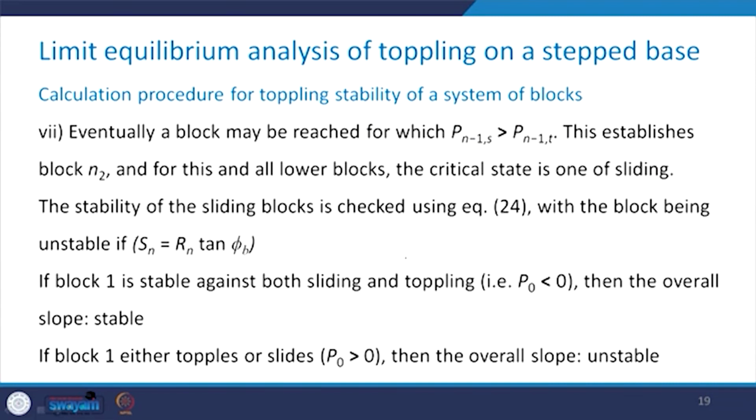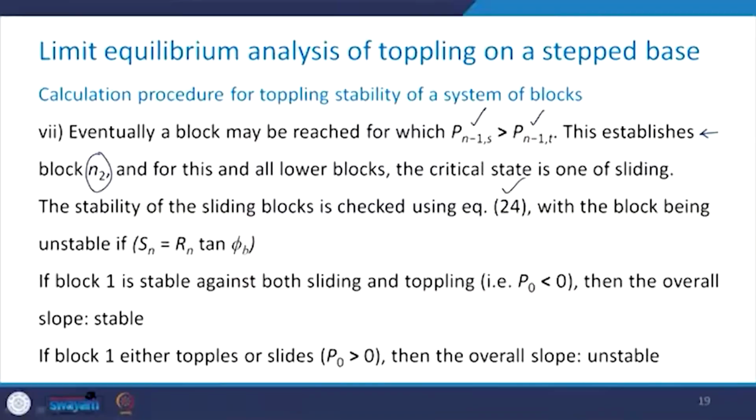Now, eventually a block may be reached for which P n minus 1 sliding is more than P n minus 1 toppling. So, this will establish the block N2, and for this and all the lower blocks, the critical state is going to be that of sliding and not toppling.